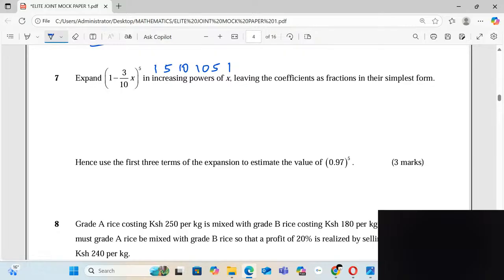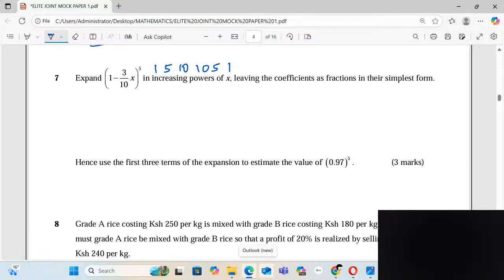So we now want to expand. This is a form 3 work. Some students consider it tiresome, but this is always free marks for you. So we can start it this way.